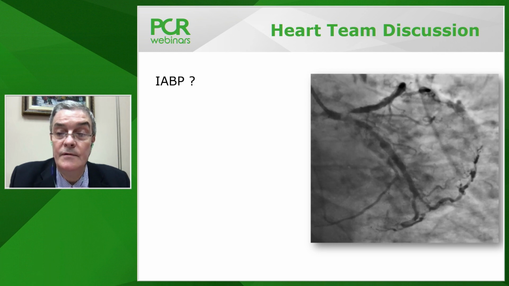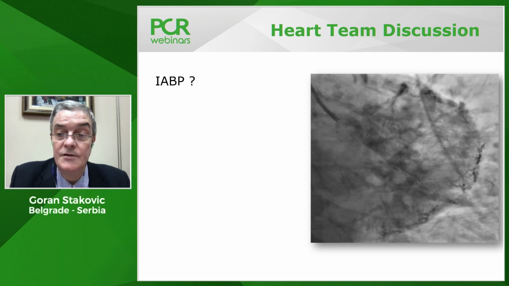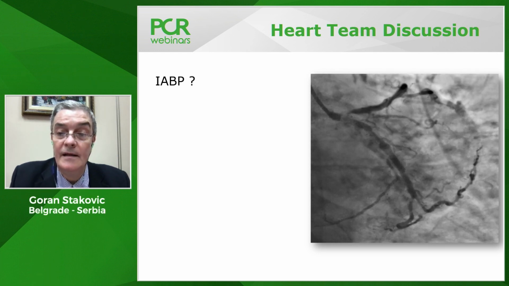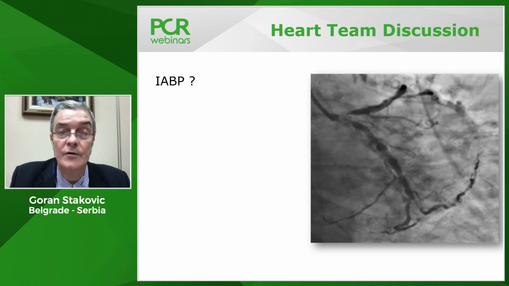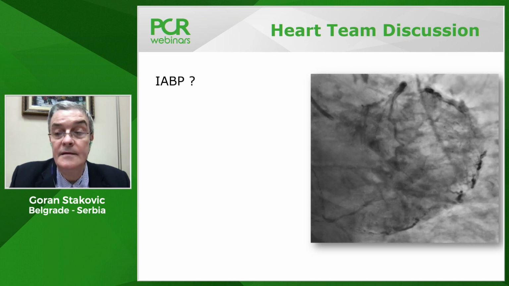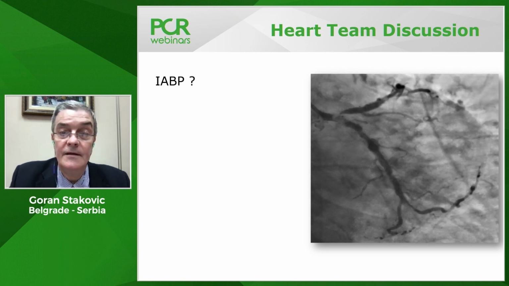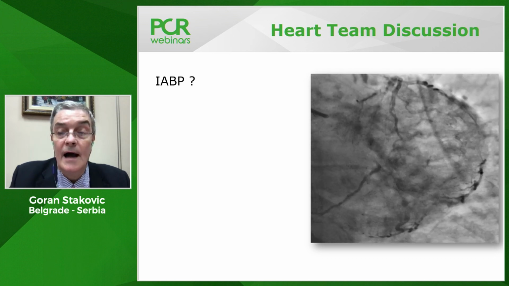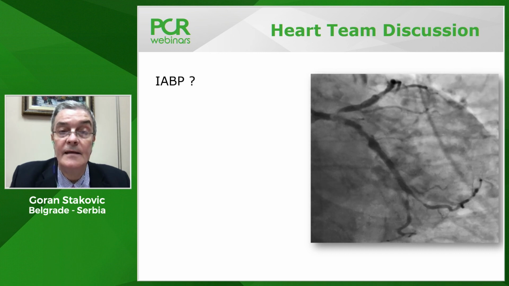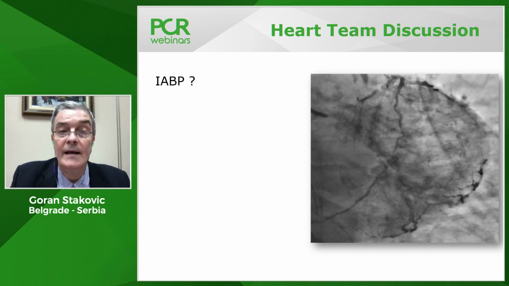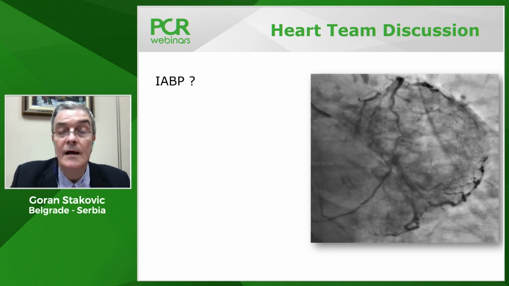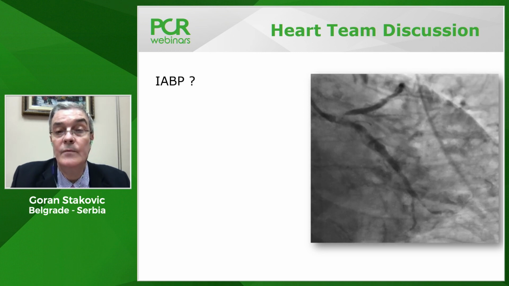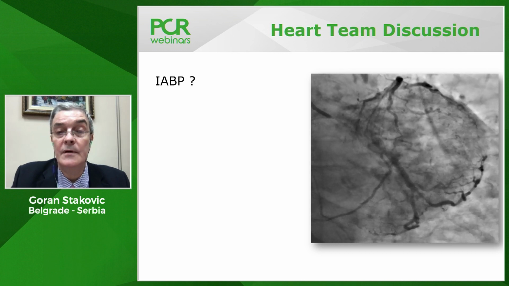Considering acute coronary syndrome presentation, really very severe and diffuse disease, very tight lesion, distal left main and both ostia of the LAD and the circ, plus significant lesions in the right coronary, I would consider prophylactic balloon pump use in my lab just in case that something goes wrong. I don't know, Prof. Tan, what do you think? What would be your approach?